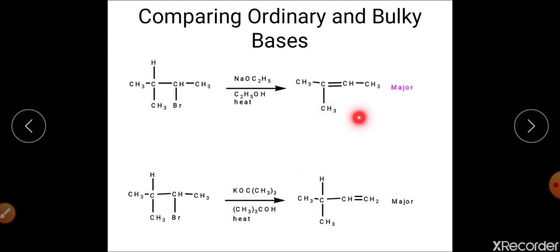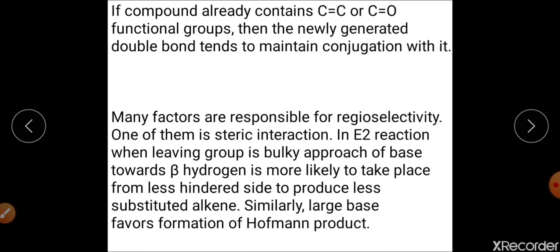This is the Saytzeff product major, and this is the Hofmann product major in this particular case, right? So this is the beauty of this particular reaction, how the orientation of the elimination reaction will be governed by different types of parameters that will be followed during the course of this reaction.